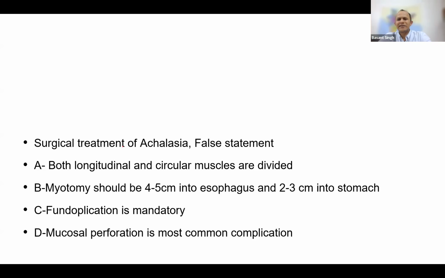Generally, what we do is 3 centimeter into the stomach, 5 centimeter into the esophagus. That is the general recommendation. If you have a mucosal perforation, we have to suture it. That is how you manage. And once you have a mucosal perforation, then fundoplication becomes mandatory because it acts as a seal. That is one more reason that people do fundoplication: the serosa of the stomach lies over the mucosa.